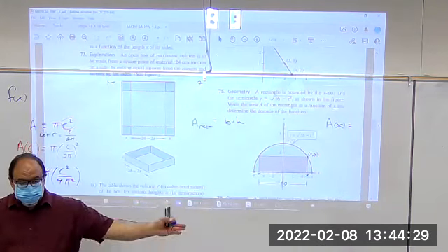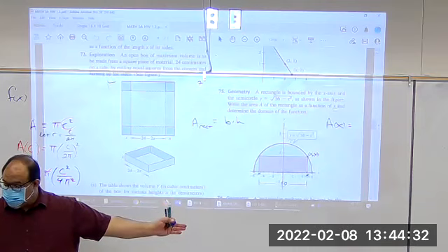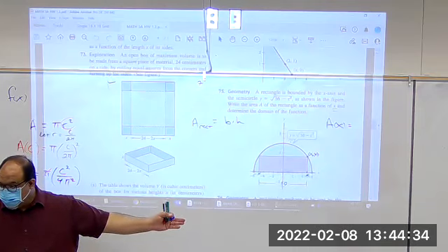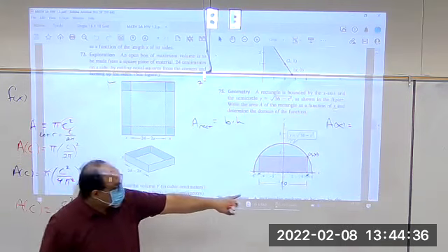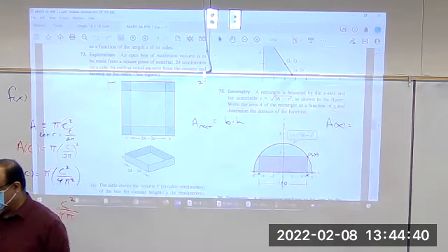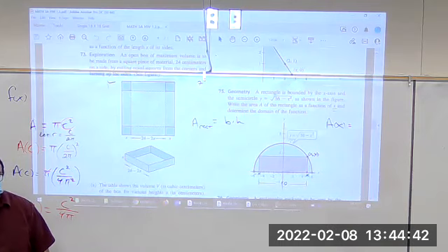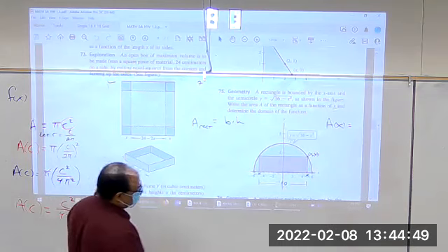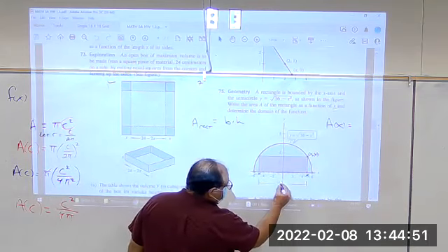So what's the total distance at the bottom? Well, if I just use this as an x, it's 2 times that x. So it's 2 times x. The base is 2x.